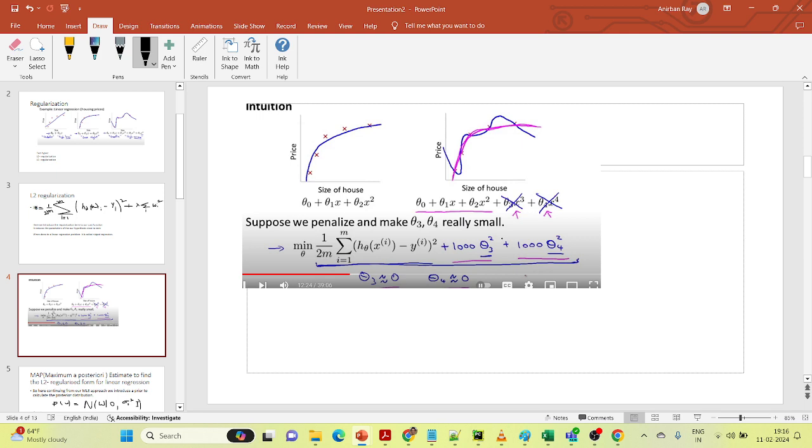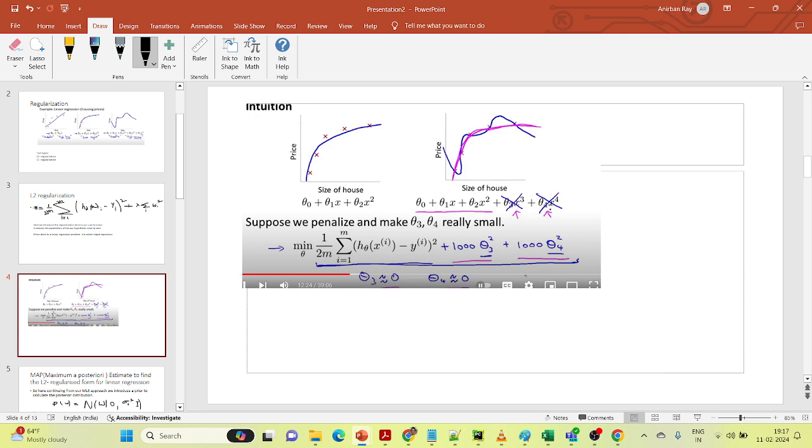This is another slide, a screenshot from the video. So the idea is like this: he has defined this to be the best fit. But suppose I don't know what is going to be the best fit, so I take two more variables, x3 cube and x4 cube. You can understand that x and x square are going to remain small, but as you increase the power, the coefficient of theta 3 can become really big.